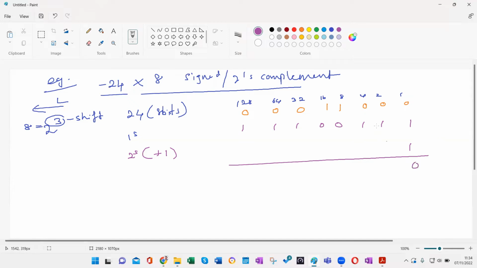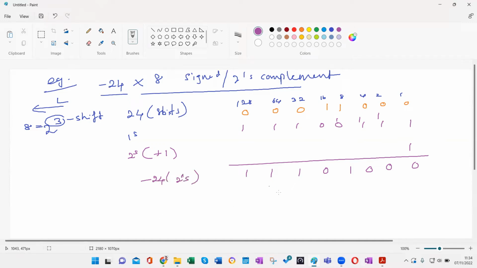You keep 0 and take the carry bit to the other side. 1 plus 1 is 2. Keep 0, take the carry. 1 plus 1 is 2. Keep 0, take 1. 1 plus 0 is 1. So 1, 1, 1, 0, 1, 0, 0, 0.